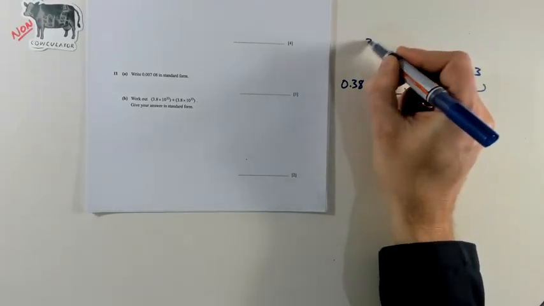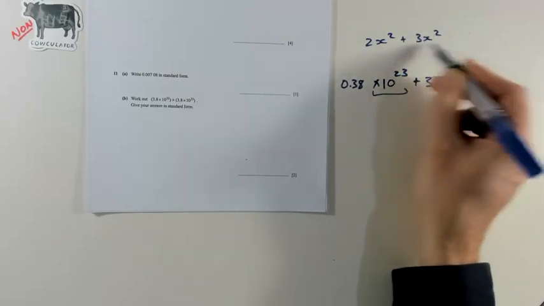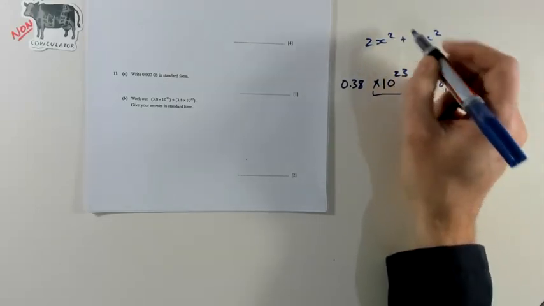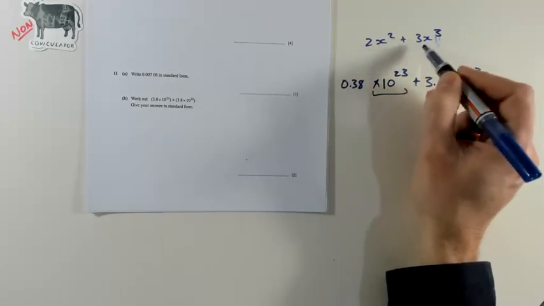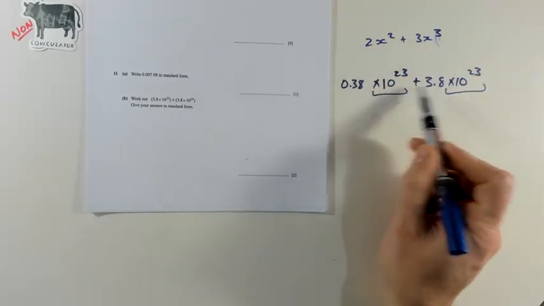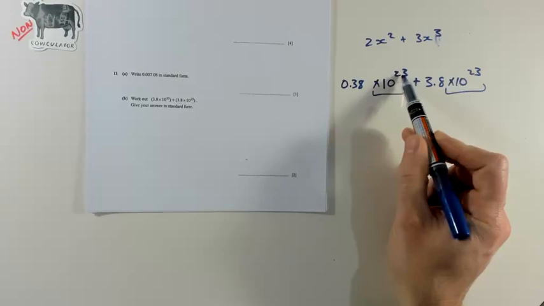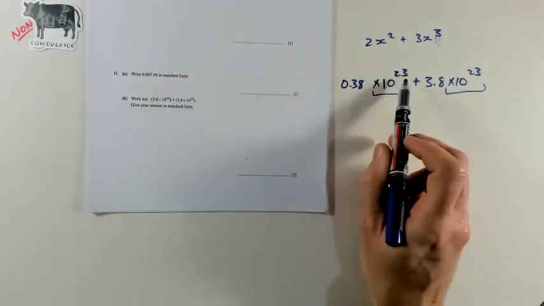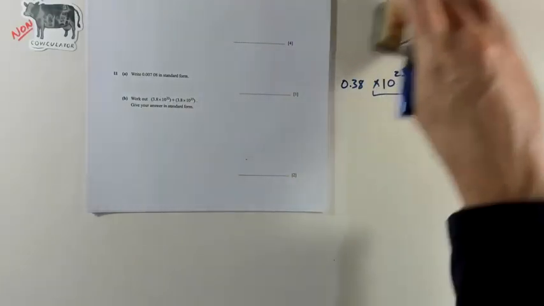You can think about it as like 2x squared plus 3x squared. I can add those to make 5x squared, but if this was cubed, then I couldn't add them. Now the lucky thing is because this is multiplying by 10, I could change the 22 into the 23 here, which with normal algebra I can't really do.